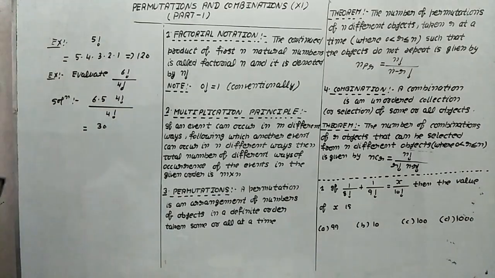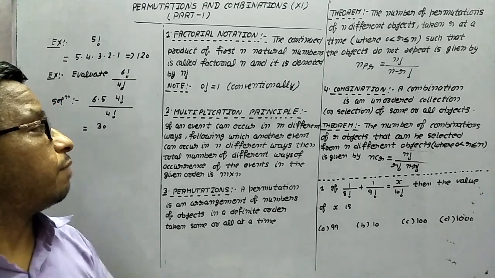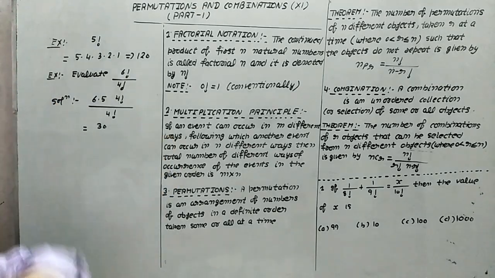So like this, if we solve some questions on the basis of factorial, then we will become habitual to understand the meaning and to solve more questions. Now, what is the other part? Multiplication principle.